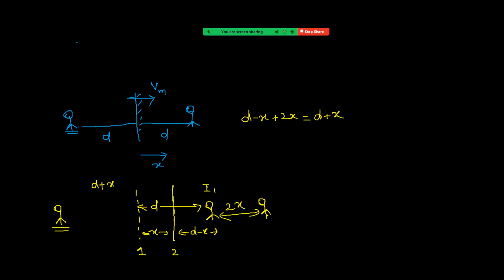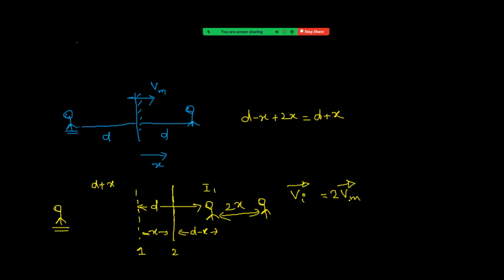So the distance of image from the mirror is equal to the distance of object from the mirror. That means if the mirror moves x distance, the image has to move 2x in the same direction. Therefore, velocity of image is equal to 2 times the velocity of mirror.